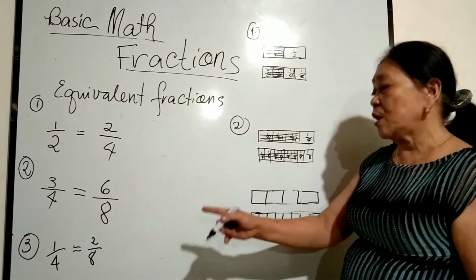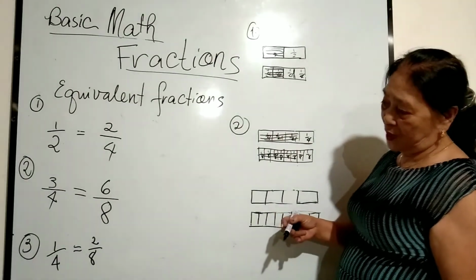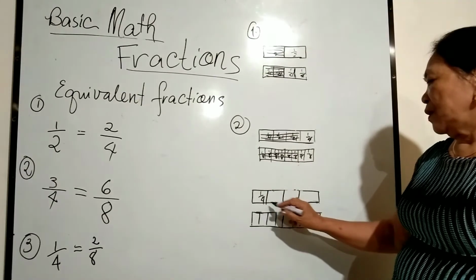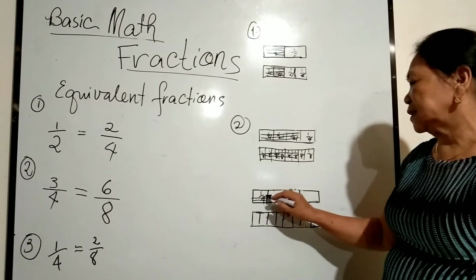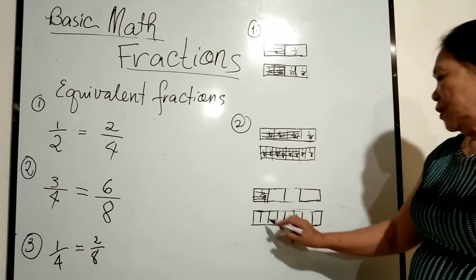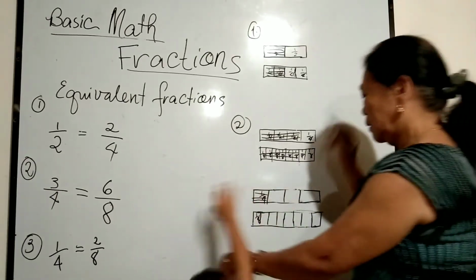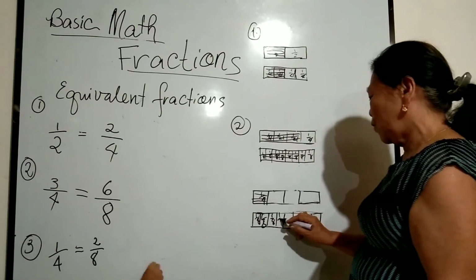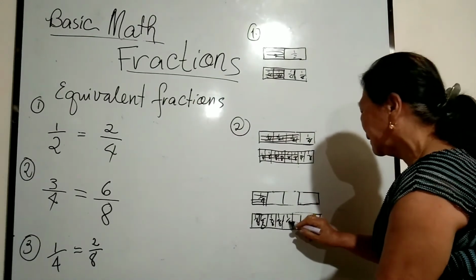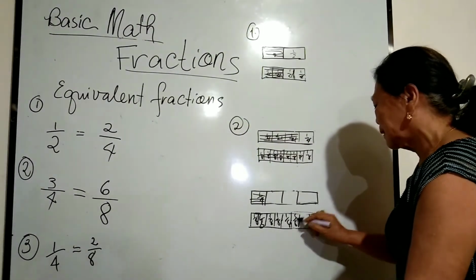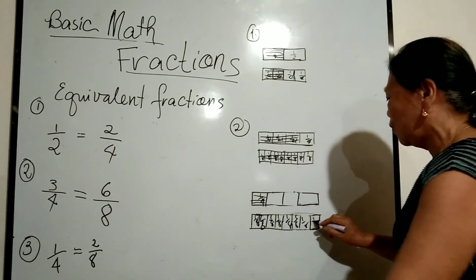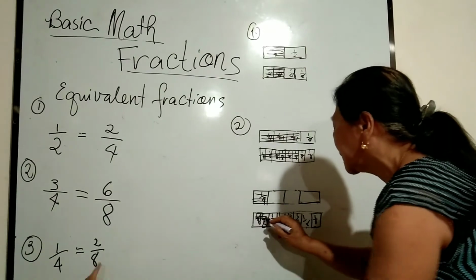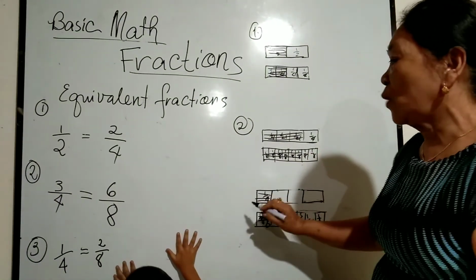So with number 3, 1/4 equals 2/8. This is 1/4. The shaded region is 1/4. This is 1/8, 1/8, and so on. 2 parts of this is equivalent to 1/4.